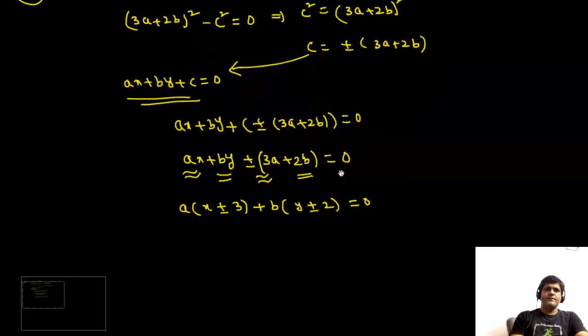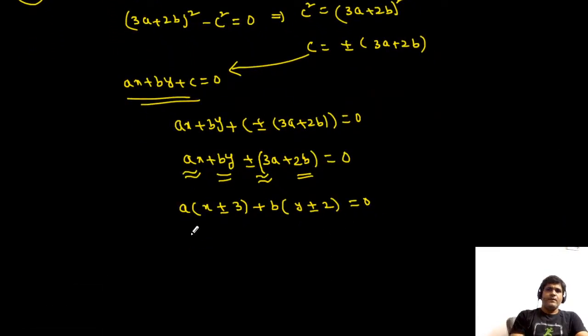Next, if you divide throughout with a, then what you get: (x ± 3) + (b/a)(y ± 2) = 0.